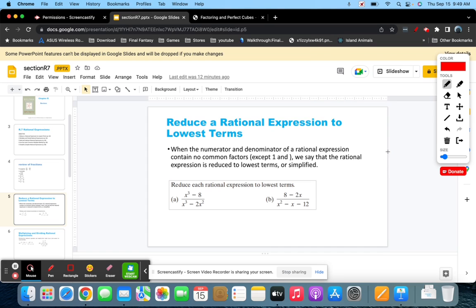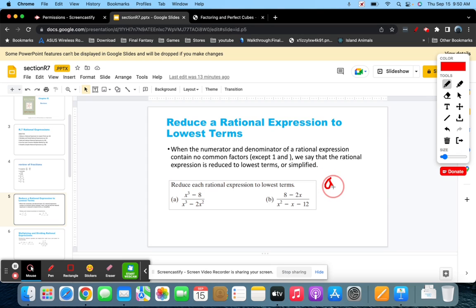Now, I'm not actually sure what you've had in the past couple of years after we've done algebra. So let's see. The formula for a cube, this top numerator, is a perfect cube. X cubed and 8. 8 is a cube of 2. So that is a perfect cube. So there is a formula that helps us break that down.